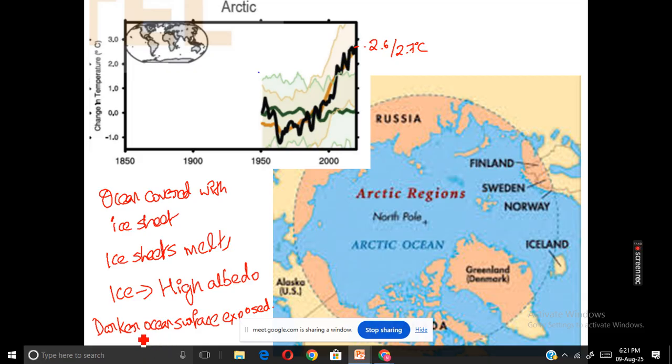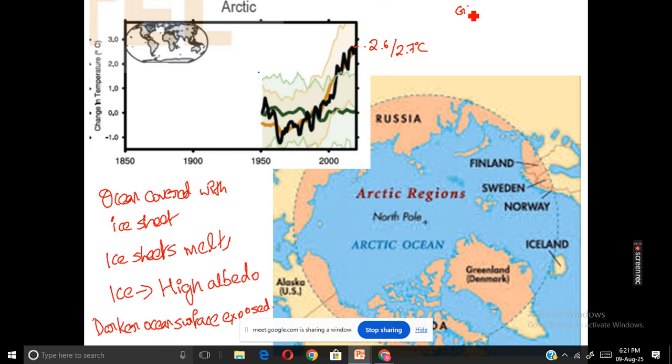Ocean surfaces, which are generally dark, have very low albedo values. So when the ice surfaces, which have very high albedo, start melting due to global warming, the darker ocean surfaces get exposed, which have very low albedo values. And again, this will in turn increase the temperature more. So this happens as a cycle.